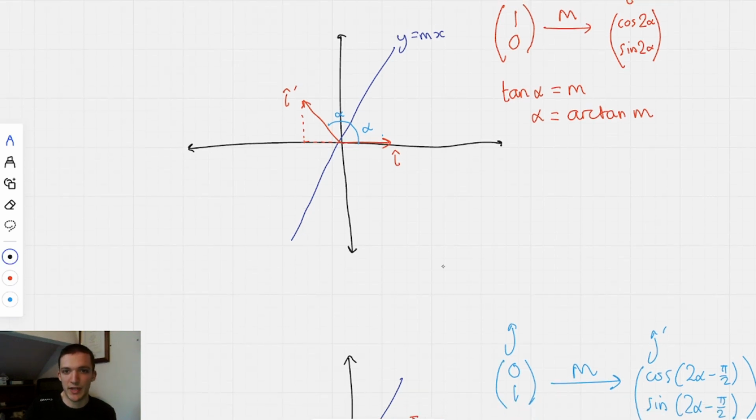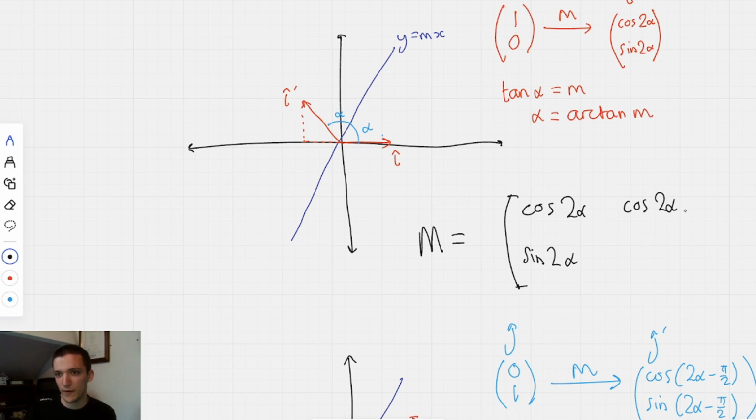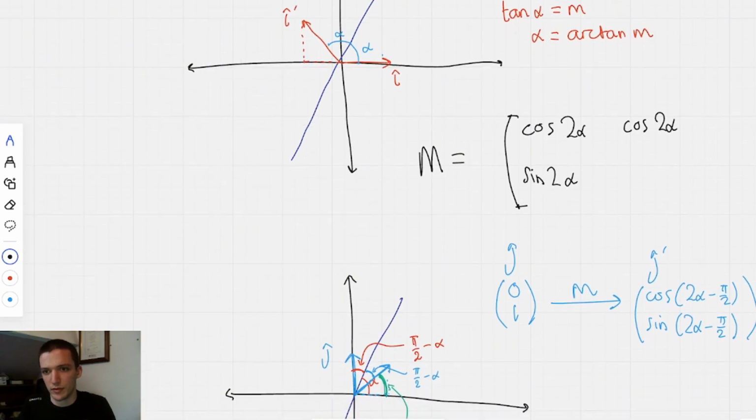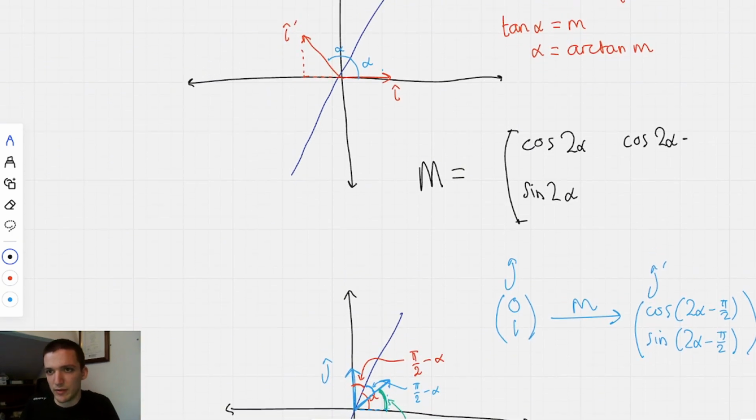Let's put those together, and M is going to be, we simply write down, the first column is the transformation of I hat, which is cos 2 alpha over sine 2 alpha. The second column is the transformation of J hat, which is cos of 2 alpha minus pi by 2 over sine of 2 alpha minus pi by 2.